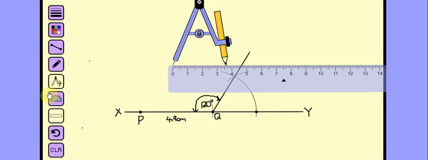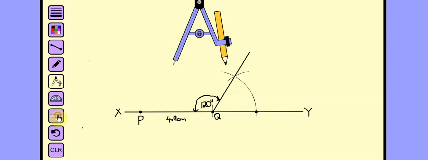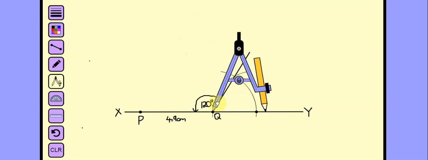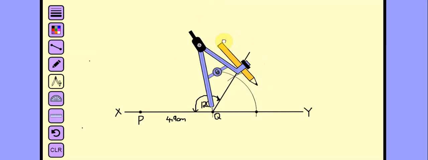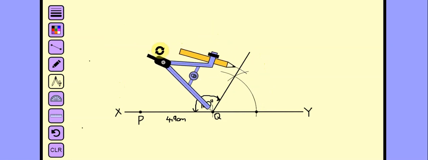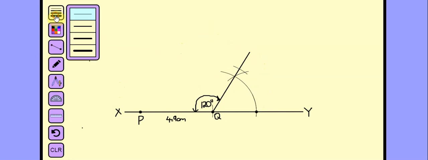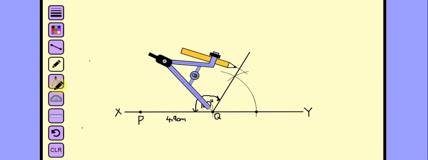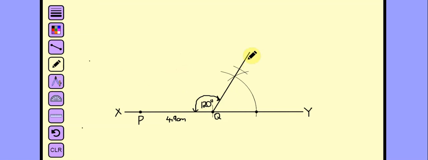Right, that's about 3.6. Placing the point of our compass at Q, we are going to scribe an arc to cut the line at 3.6 centimeters away from Q. That point where it cuts the line will be our point R. Let me label this as 3.6 centimeters.